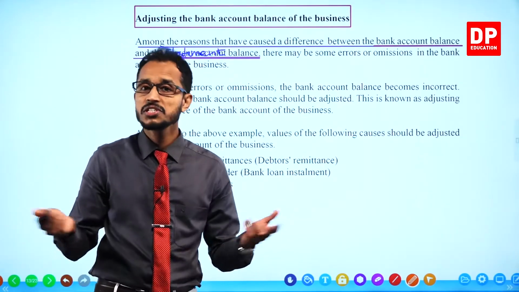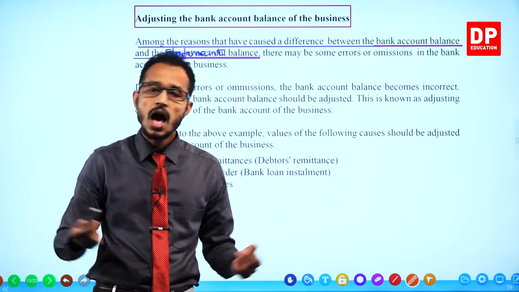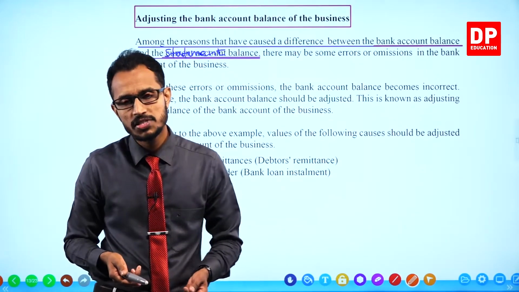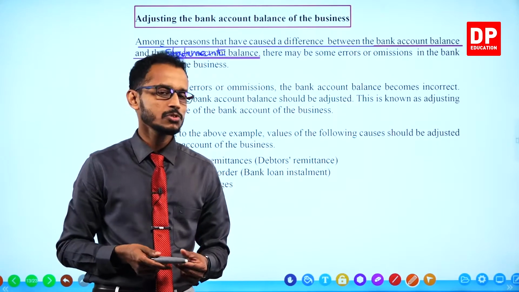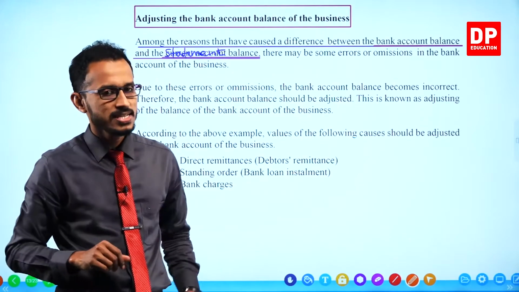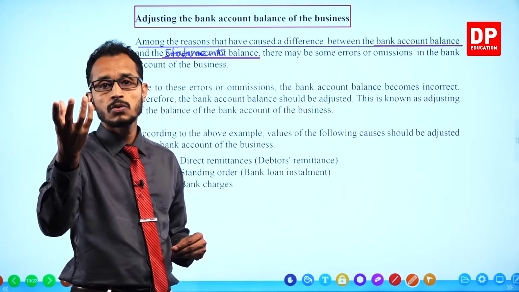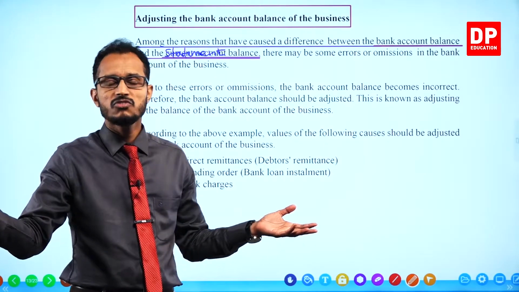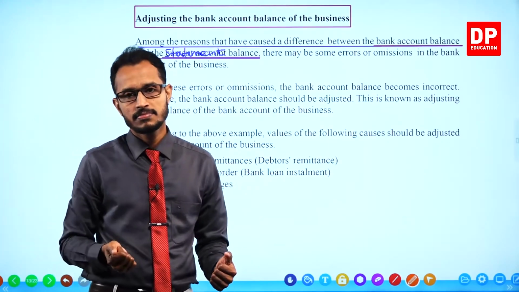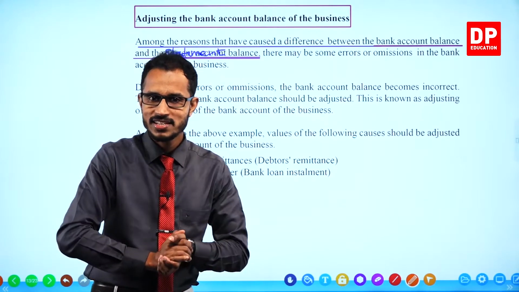Because there are some omissions, some missing items. How did we find out that there are omissions, that there are missing items? Who told us? Nobody. We found it out by ourselves.